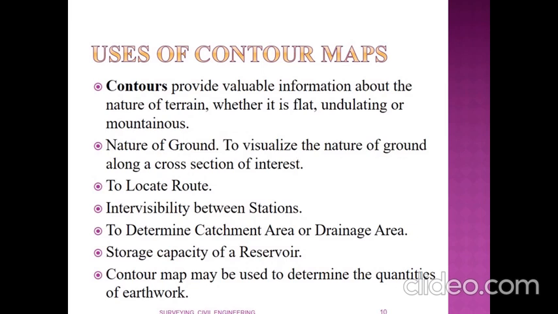Then to locate the route of any line, any alignment, that is road alignment, highway alignment, dam, etc. Then to know the visibility between the stations. Then to determine the catchment area or the drainage area of any reservoir. Then to calculate the storage capacity of a reservoir, and the contour map may be used to determine the quantities of earthwork.